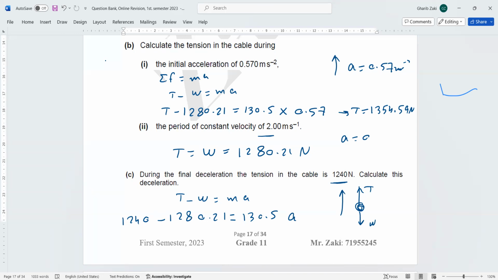So the answer here is negative 0.3. So the acceleration is negative 0.3, and we need the deceleration. So the deceleration equals 0.3. The unit is meter per second square.